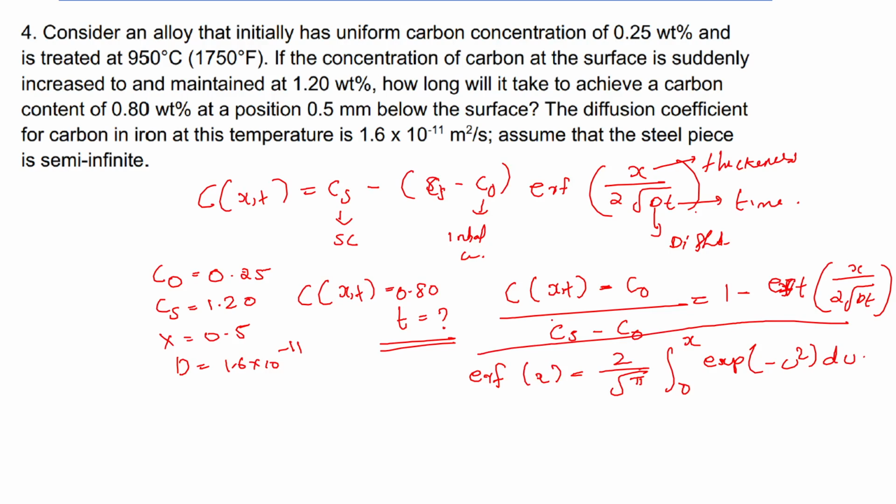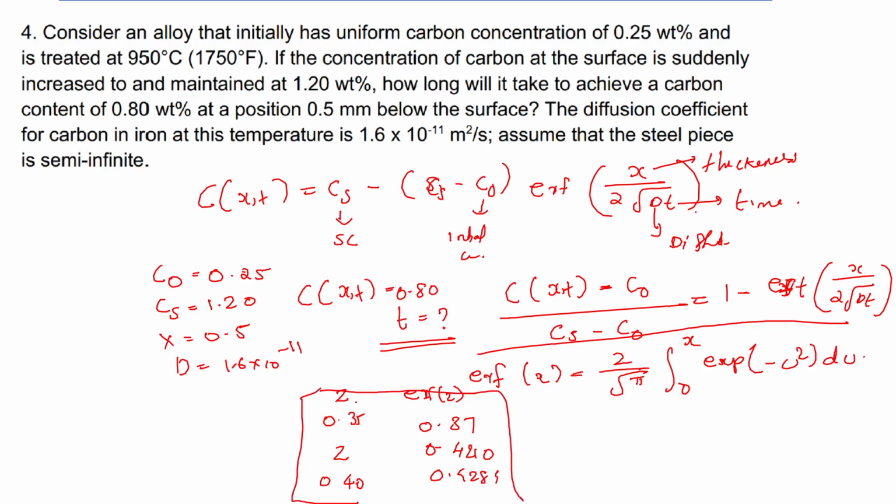But normally for solving problems, there are tabulated error function values for each z value. If z value is 0.35, the error function of z will be 0.3794, and for any z value between 0.35 and 0.40 we take 0.4210, and for 0.40 z value it will be 0.4284. Please note this, it will be very useful in future.